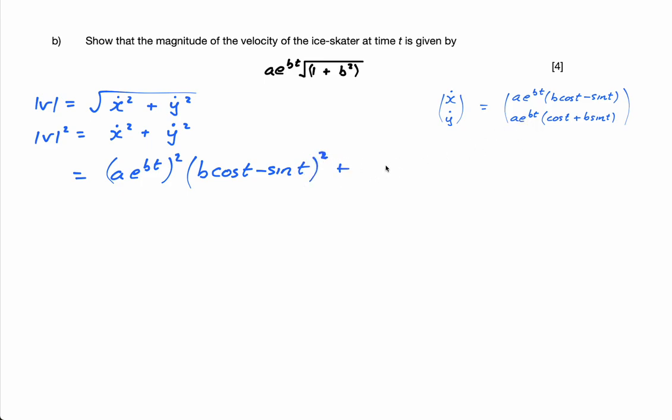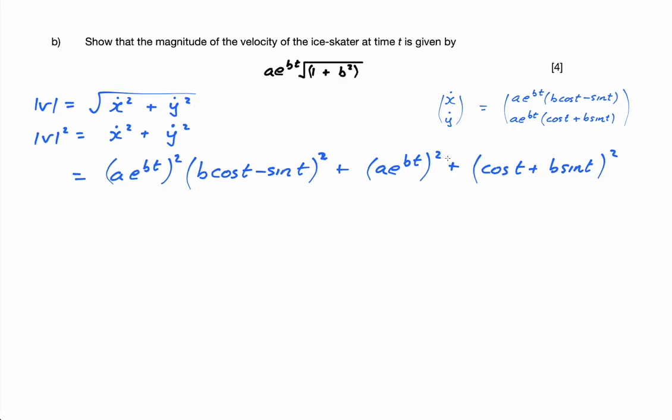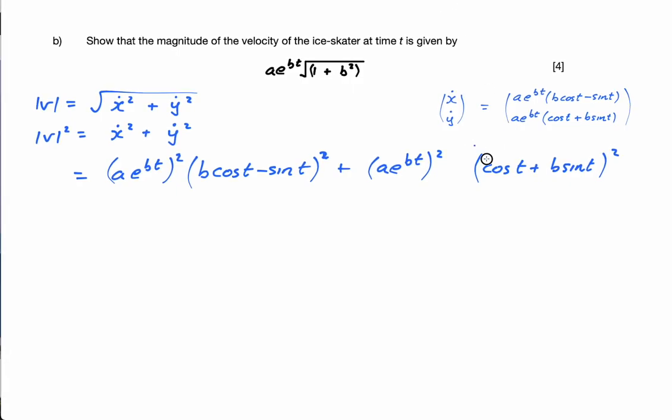Plus, same thing, this squared, a e to the bt squared, plus this squared, cos t plus b sine t squared. Sorry, not plus. What am I doing? This should not be plus. This is times. Okay, so that's this squared plus this squared.